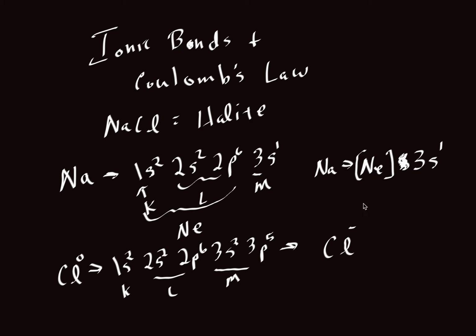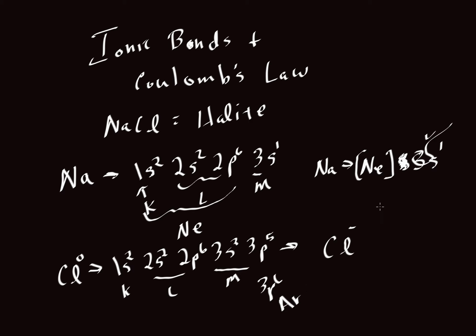And sodium, take a look at sodium here. It's got a single electron in its outermost 3rd shell. If it could simply get rid of that fellow, then it would be left with a noble gas state. If we have 3p6, by the way, the noble gas that chlorine would be approximating would be argon.